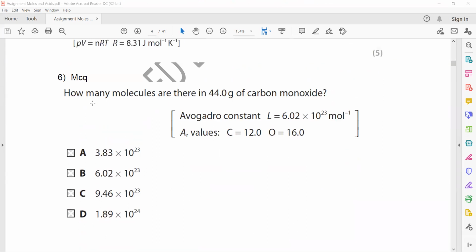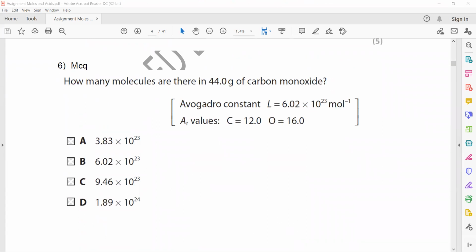In the next question, question 6, which is a multiple choice question, how many molecules are there in 44 grams of carbon monoxide? So how can we find the number of the molecules? The formula for moles equals mass in gram divided by molar mass.